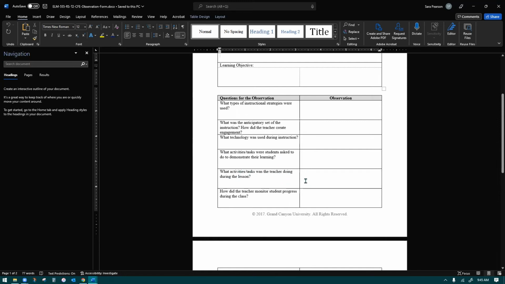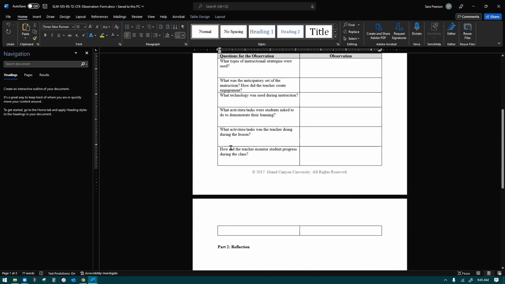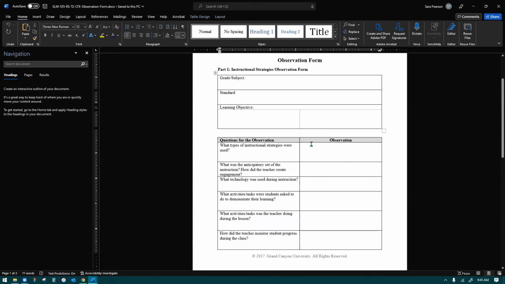So it's important we separate those teacher actions from student actions. And then finally, we look at assessment practices, which is monitoring student progress during the class. So part 1 does not need to be in paragraph form or anything like that. It can be a list of strategies, and you could even write a little note next to it that helps you remember maybe how that strategy was used.